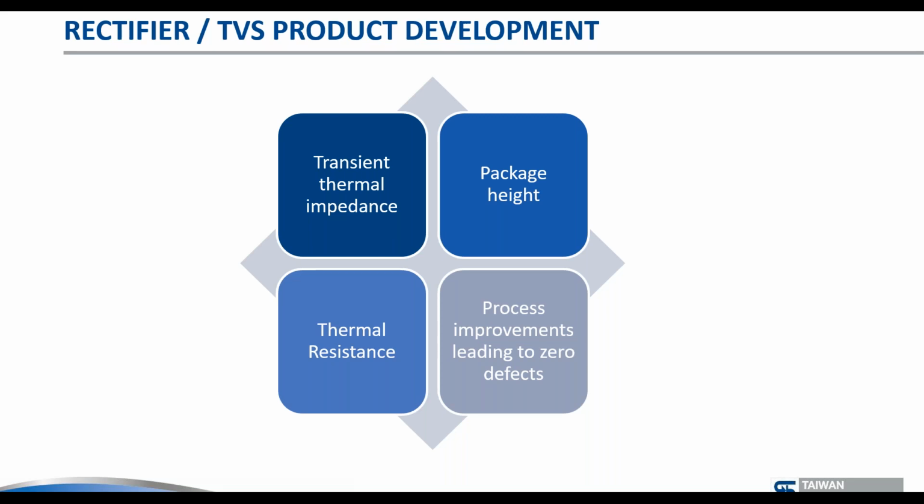We have transient thermal impedance and thermal resistance. Both are different and will lead to 2 different solutions from our perspective. And of course, over the years improvements have been made to also reach CR defects here in our package development, and that relates predominantly to solder voids.